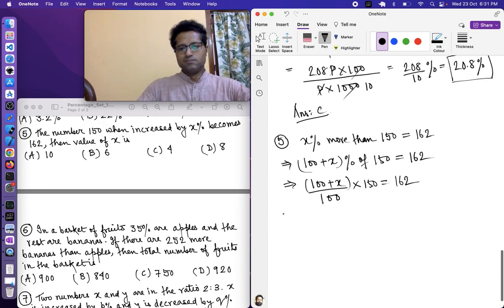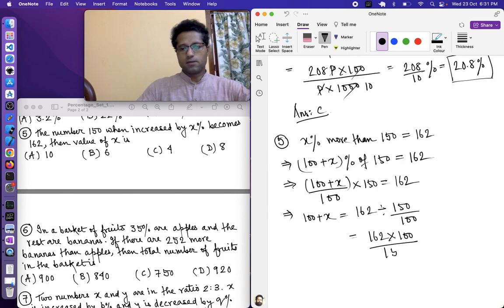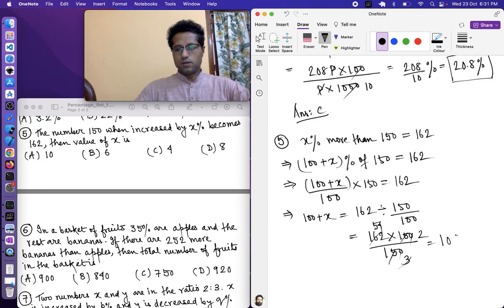This implies that 100 plus x will be equal to 162 multiplied by 100 divided by 150. 3 divides 162 with 54, so this is 108.